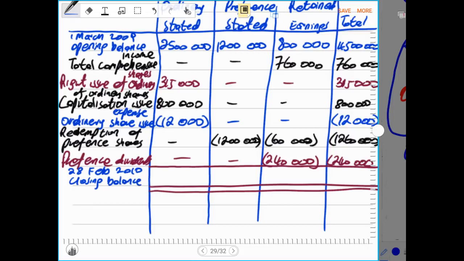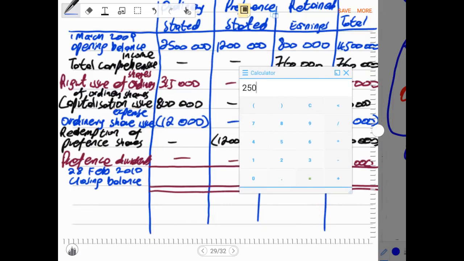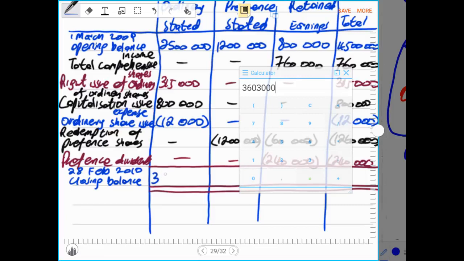And the closing balance now will give us the total of ordinary 2.5 million plus 315,000 plus 800,000 minus 12,000. That gives us 3,603,000.